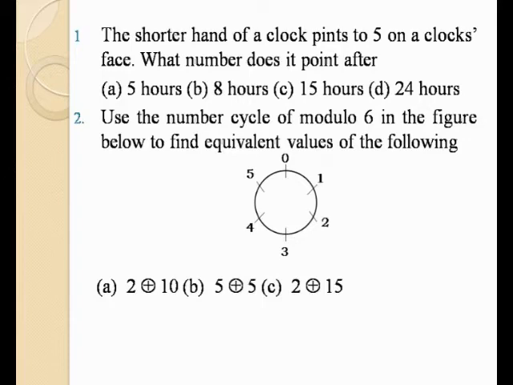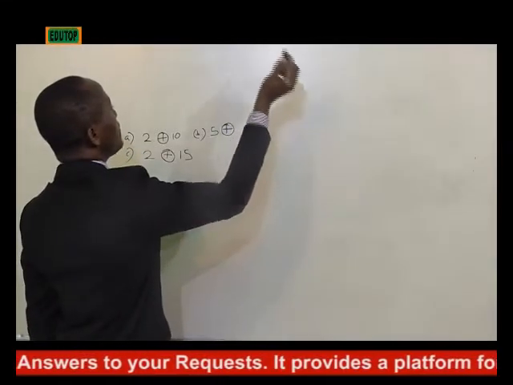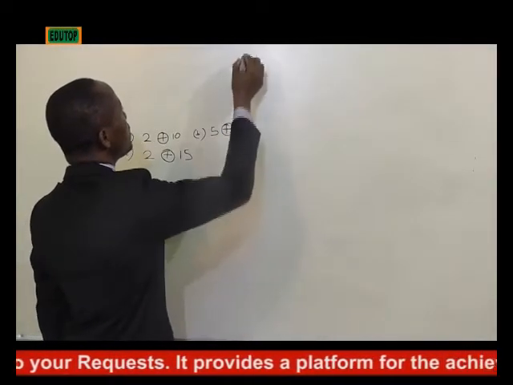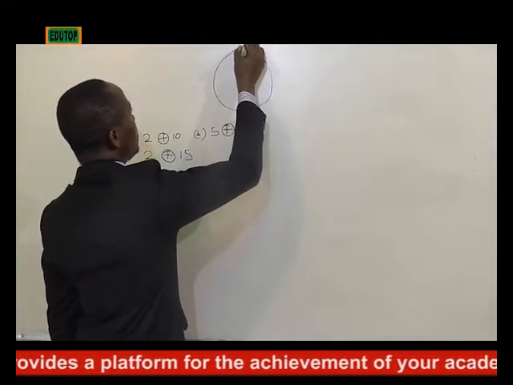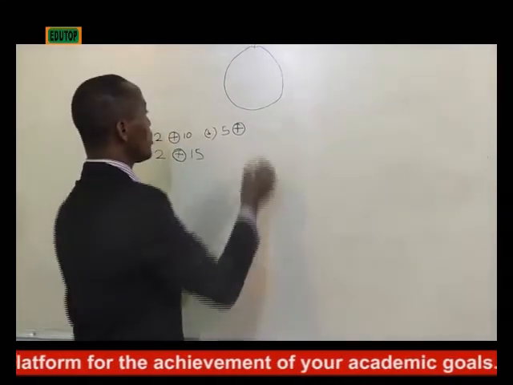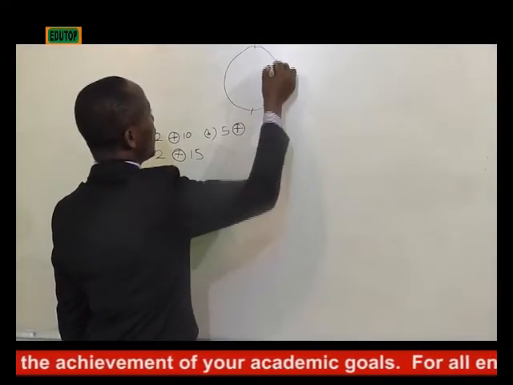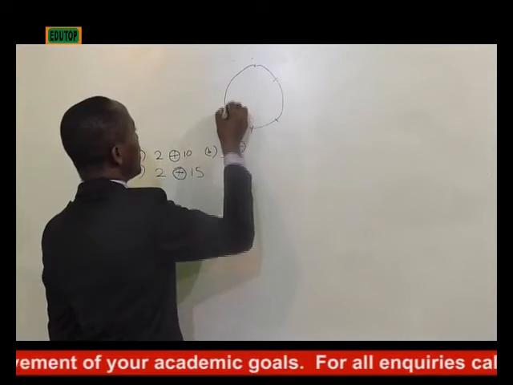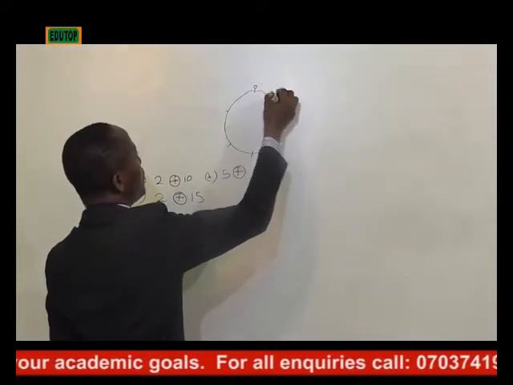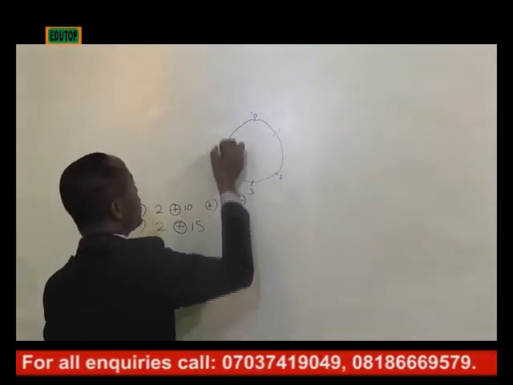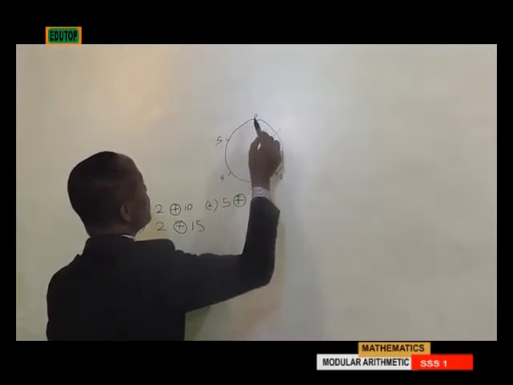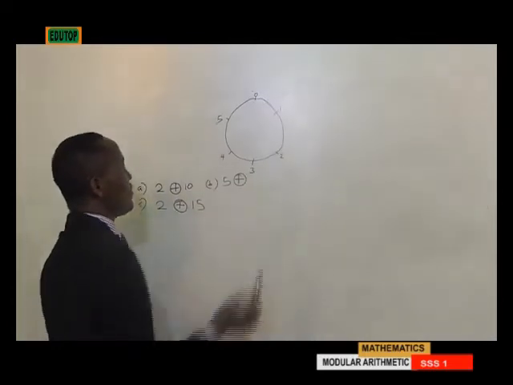And C, we have 2 plus 15. Remember, for the clock we have 12 divisions, but for modulo 6 we have 6 divisions, which looks like this. This is 0, 1, 2, 3, 4, 5: 6 possibilities.